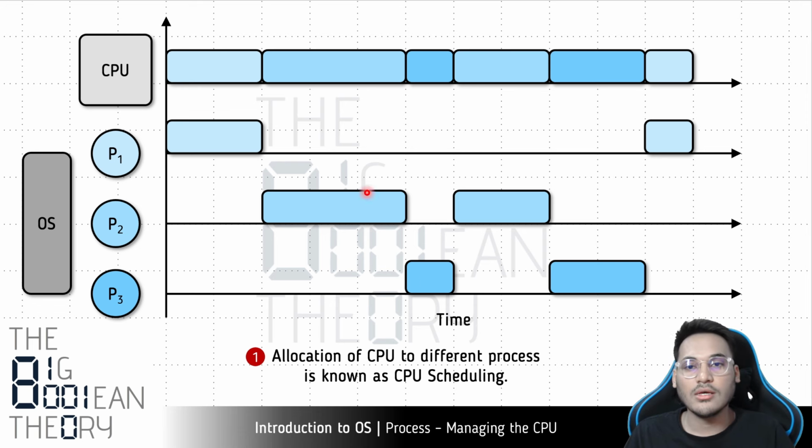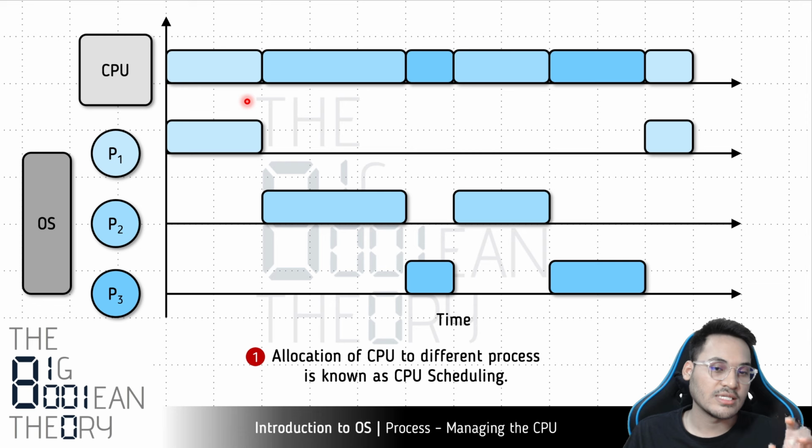As you can see, when processes are executing on the CPU, there comes a time when the operating system has to decide that now we should pause the current process, and after pausing the current process, the next process that will be allocated the CPU also has to be selected. All of these decisions, when to pause the process and after pausing which process to allocate the CPU to, come under the term CPU scheduling.